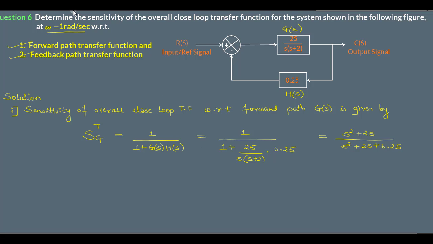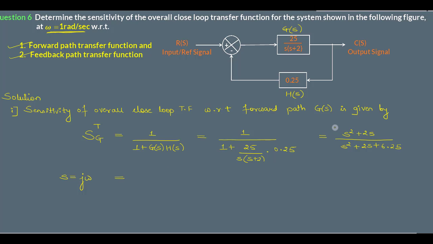Now in the question we are told to find the sensitivity at omega equals 1. Omega is the angular frequency, in radian per second. Now we need to replace s by j omega in this expression.